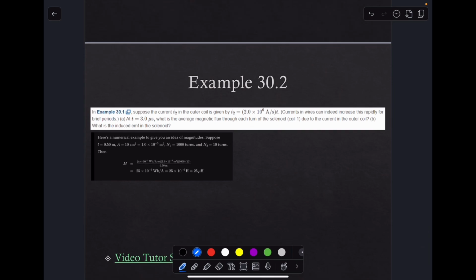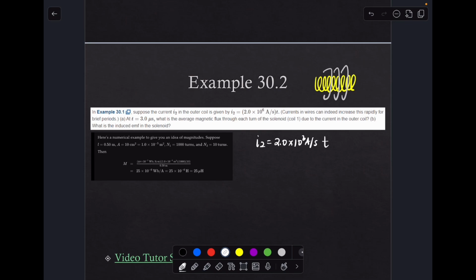So in this example, we're going to put some numerical values here. We're going to use the same setup as before, where we had a long, skinny coil, and then we had a larger coil wrapped around it. And suppose that the current in the outer coil is given by this, times t, okay?